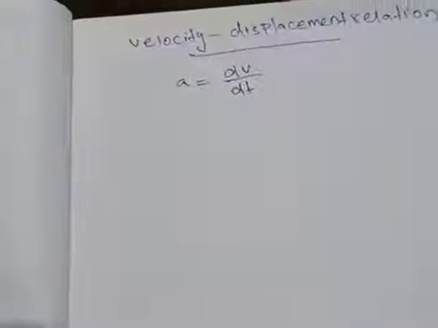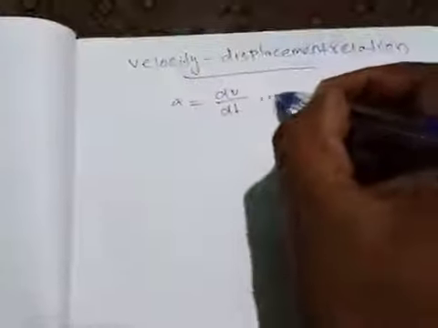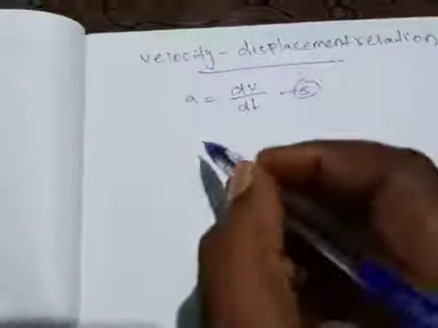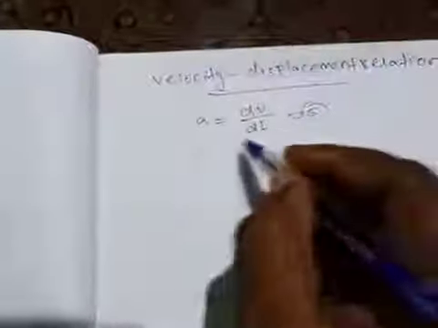Here we are taking the acceleration formula again. a is equal to dv by dt, the first derivative form of acceleration. Already 4 equations came, so take this as equation 5.